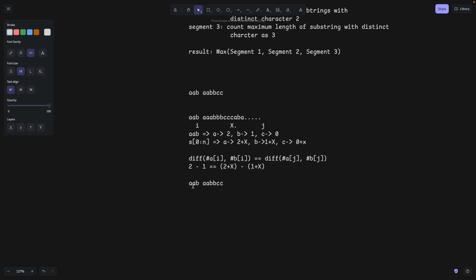If we keep incrementing the count of A and decrementing when the character is B, at any index if we find that the sum is 0, or any sum that has already been previously seen, it means that the count between them is the same, right?